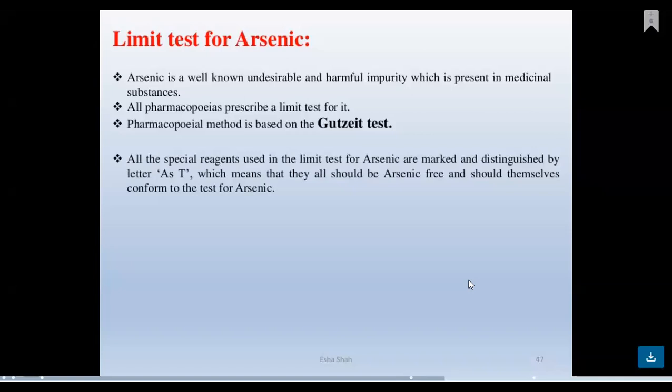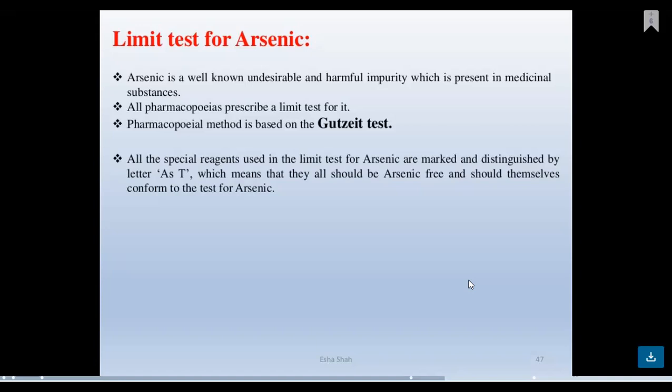So all the reagents used for performing the arsenic limit test should be free from arsenic impurity in order to check the specific impurity present in a given unknown inorganic medicinal substance. So all the reagents used should be marked as AsT. That is, the reagents should be free from arsenic impurity.